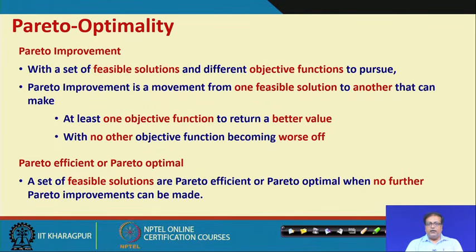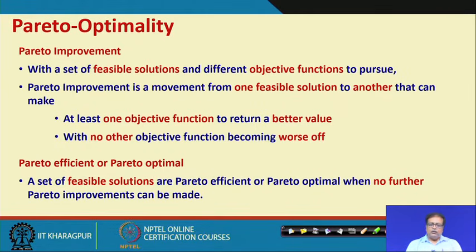If I take two such feasible solutions, Pareto improvement can be defined in this way: at least one objective function is returning a better value with no other objective function becoming worse off.